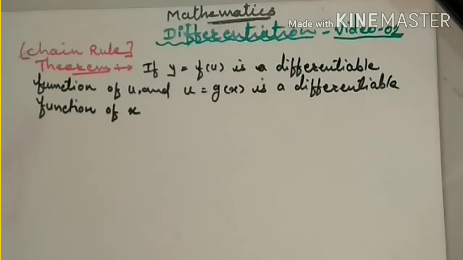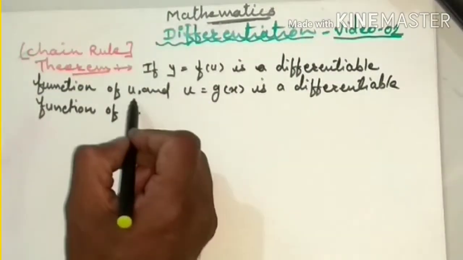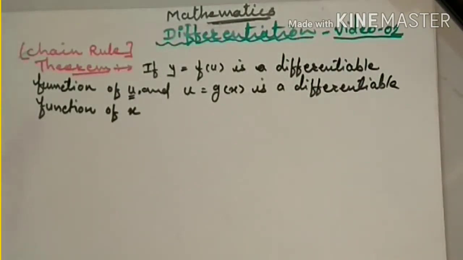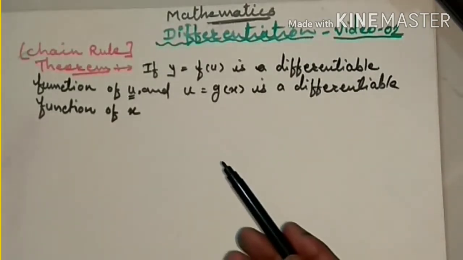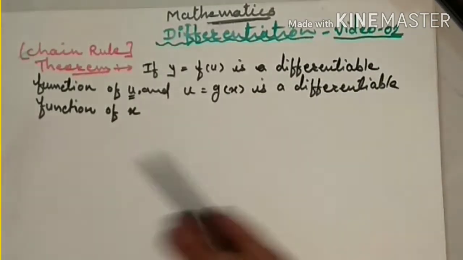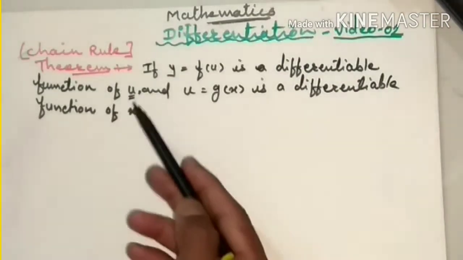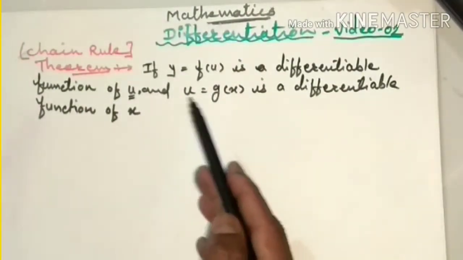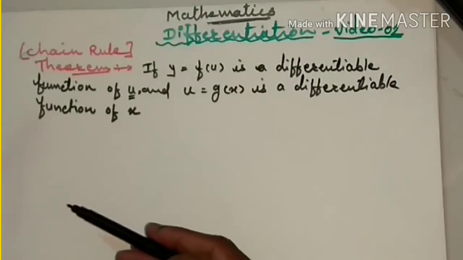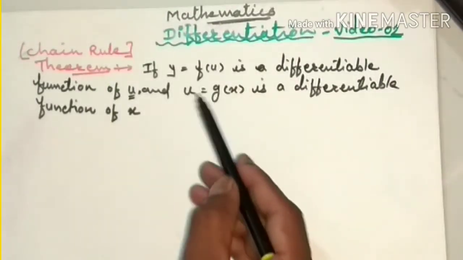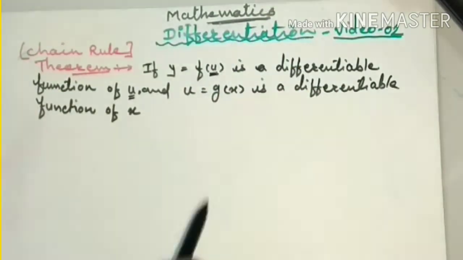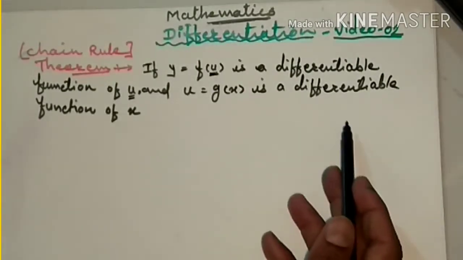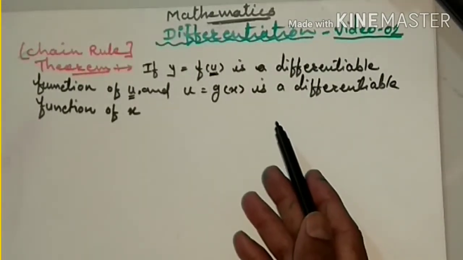See what is given. Y is a differentiable function of u. It means we can differentiate y with respect to u. That means the derivative of y with respect to u exists, so we can find dy by du. We can't find dy by dx here because y has not been given as a differentiable function of x. What has been given? Y is a differentiable function of u. And u, which is inscribed in f, is expressed in another function, u is equal to g of x. It means u is a differentiable function of x, isn't it?